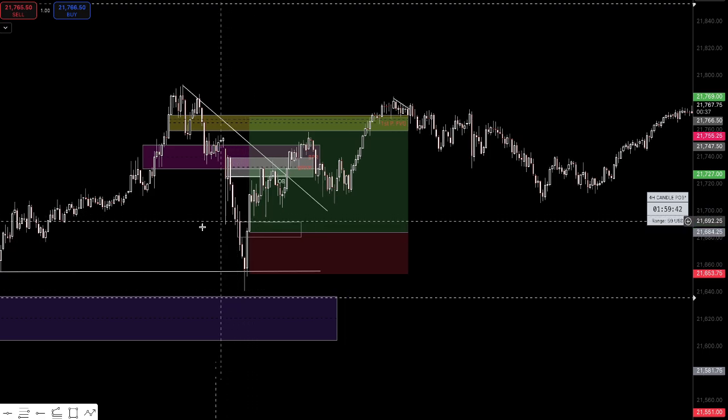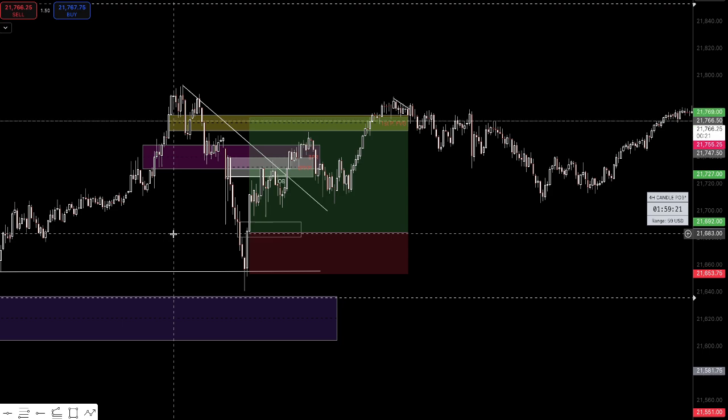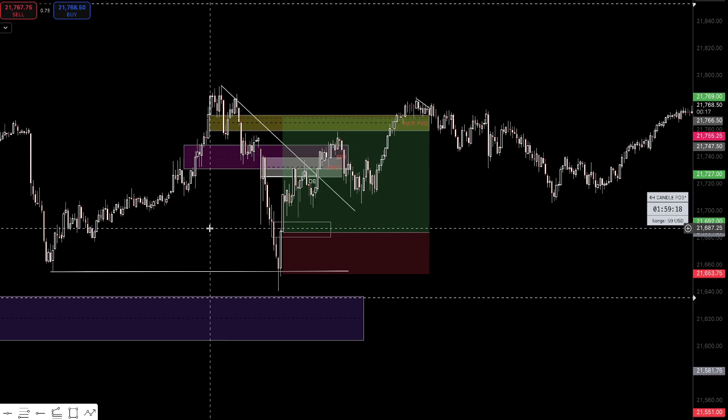That's just what presented itself. With these entry models, some people say you want to stick to one, but if you stick to one entry model, you're not always going to get the best price, because maybe a breaker would have presented itself well. Maybe you'll notice the previous two days, if you turtle souped during London session, that would have been good for you.